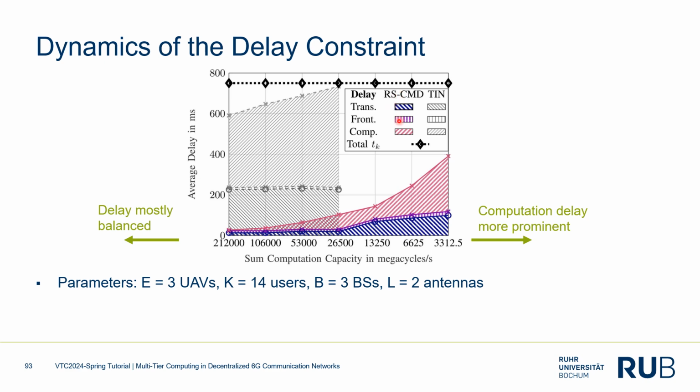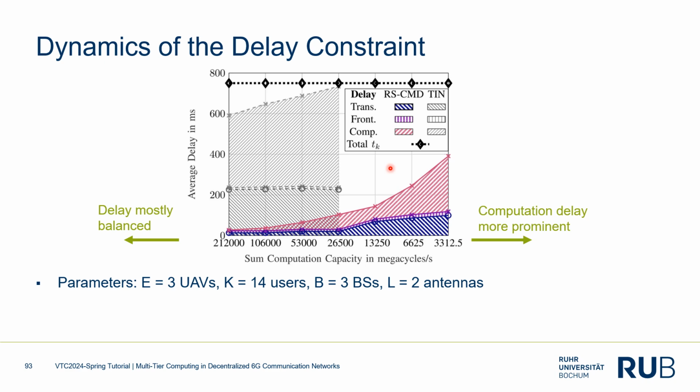As reference schemes, we have the RCMD and the treating interference as noise, and their respective delays split into the transmission, the fronthaul, and the computation delay. Towards the right-hand side, the computation capacity is decreasing, so both edge cloud and central cloud have less and less computation capacity available.